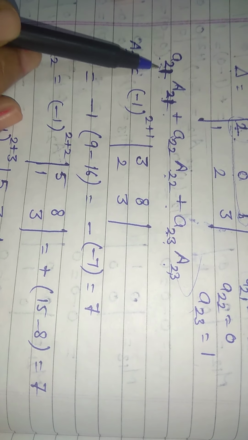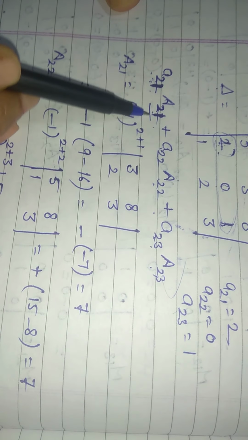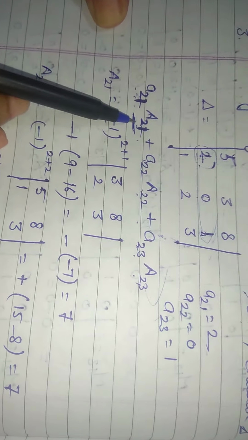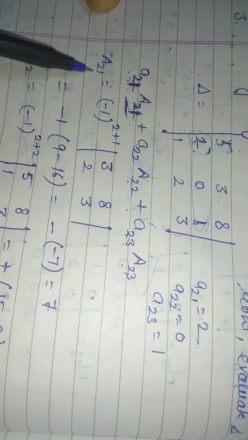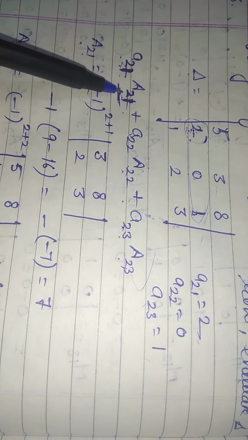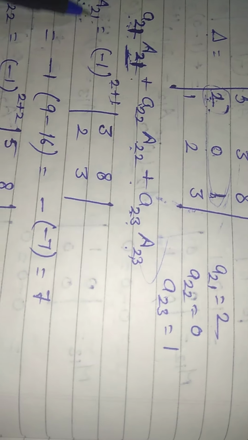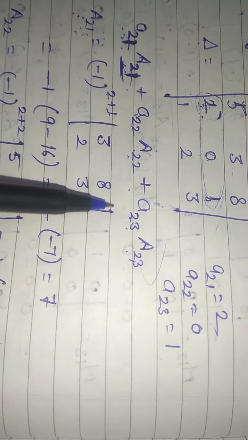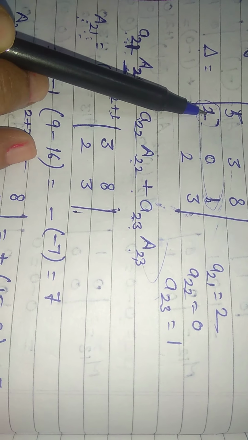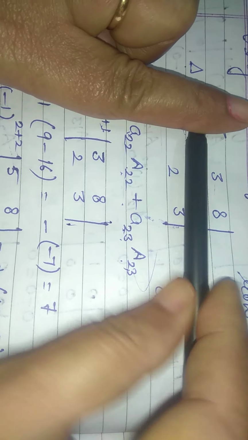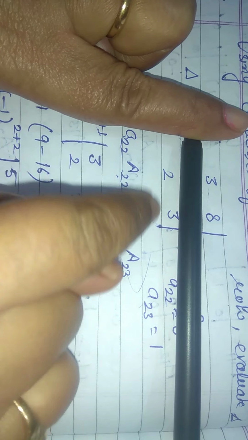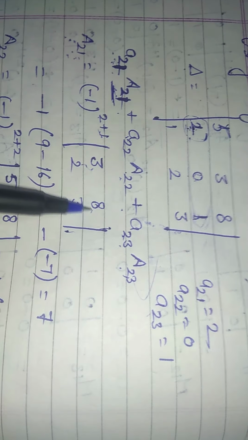What is A21? You know. How will you find A21? It is the cofactor of this element. A21 is minus 1 raised to power 2 plus 1 into, we want to find the cofactor of this, so leaving these elements and these elements, what is left? 3 8 2 3.